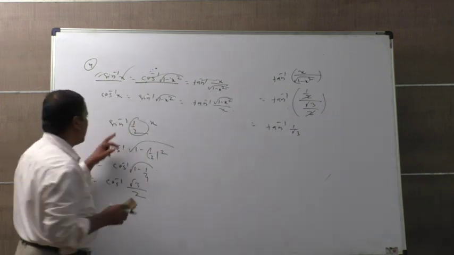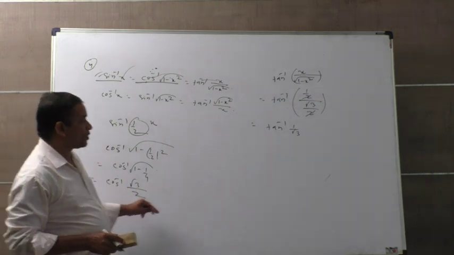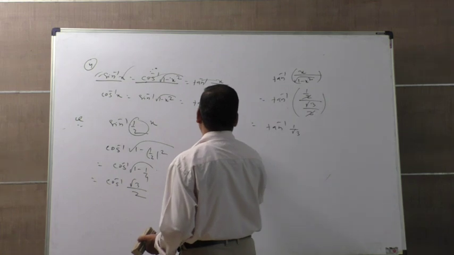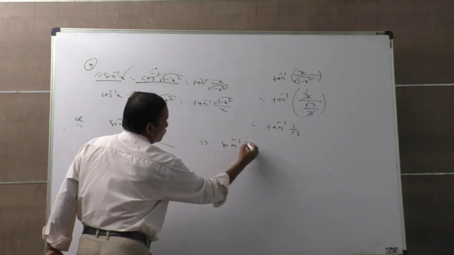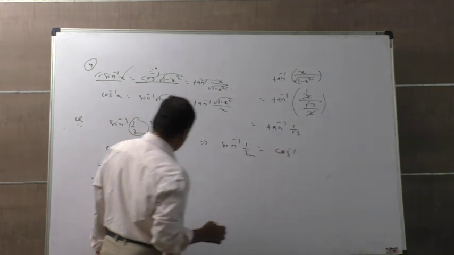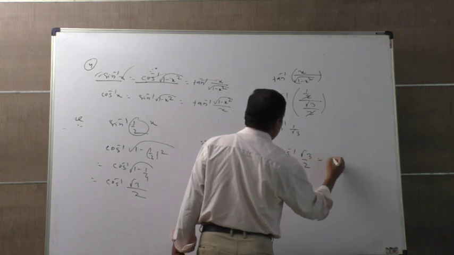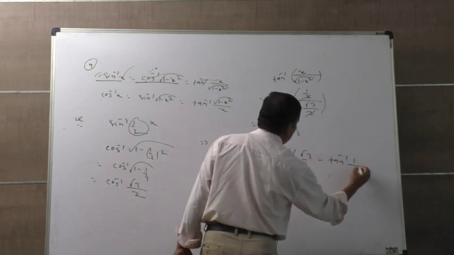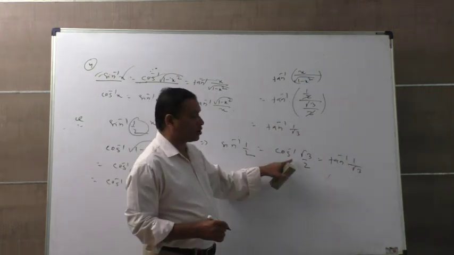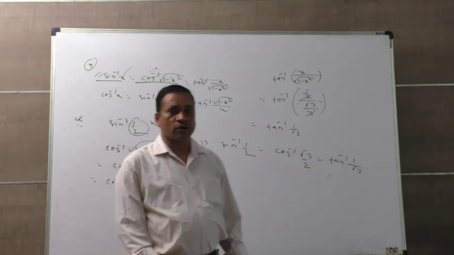So sin inverse 1 by 2 is equal to cos inverse root 3 by 2, which is equal to tan inverse 1 by root 3.